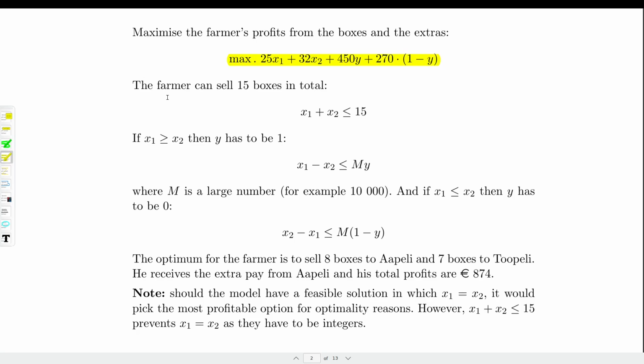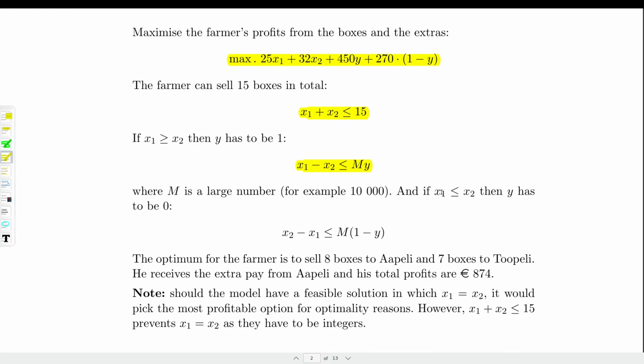And because the farmer can only sell 15 boxes in total, we have this constraint where the total amount of boxes is at most 15. And if the boxes sold to Apeli is higher than to Topeli, then the indicator variable Y has to be 1, which is forced by this constraint where M is a large number.